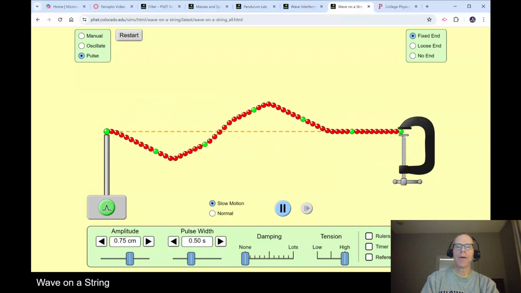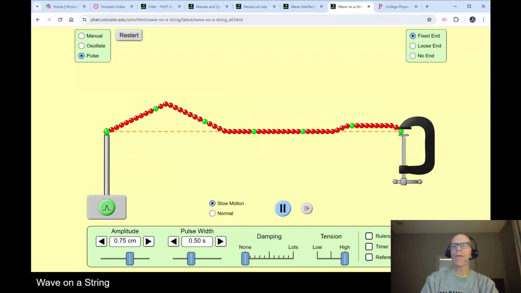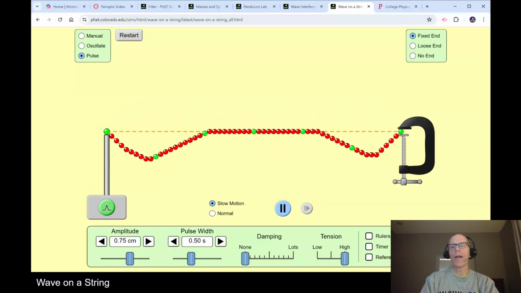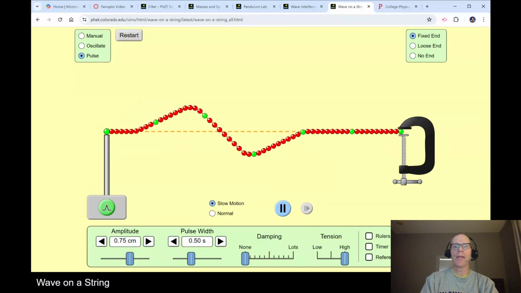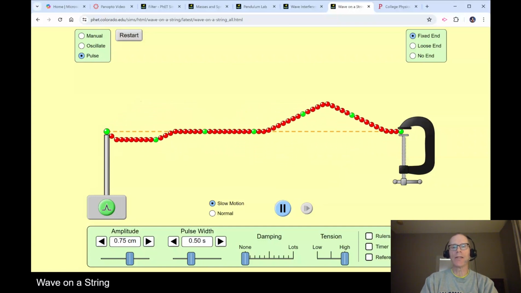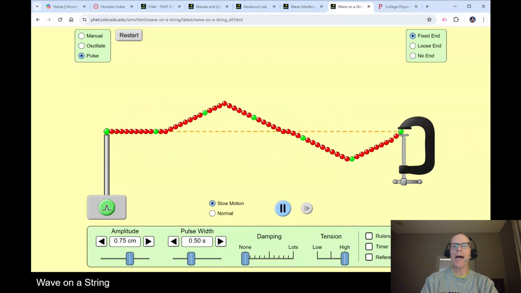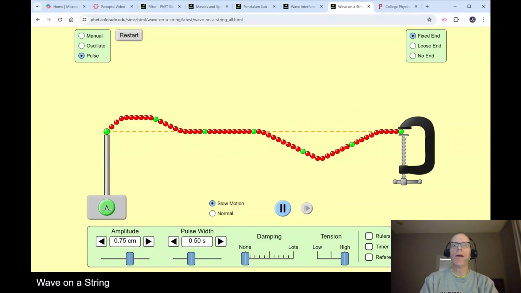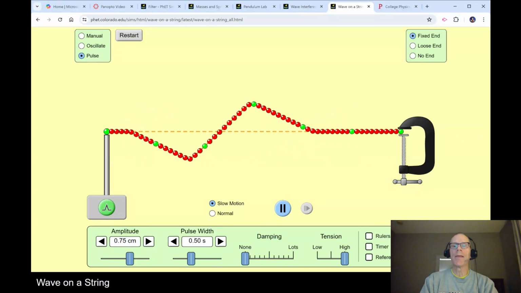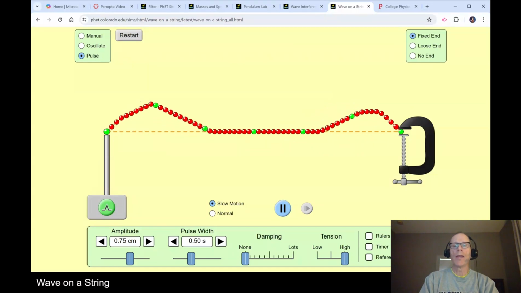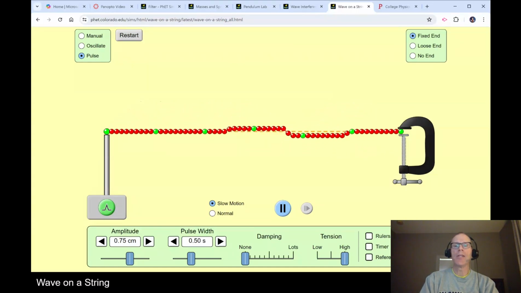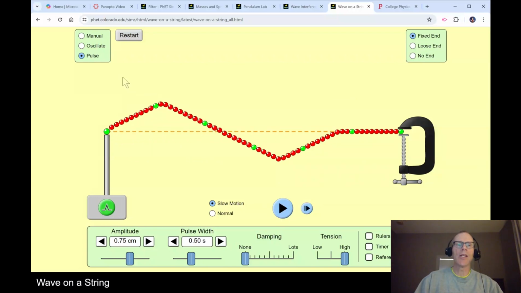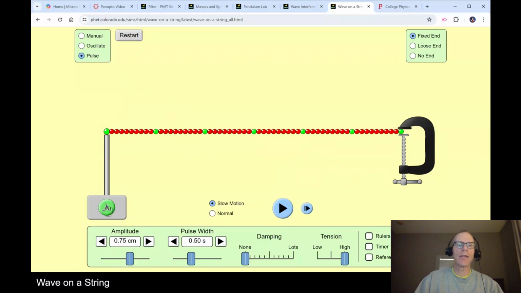So the wave on the top basically just passes through the wave on the bottom, and right when the waves are one on top of the other, the simulated string is flat. So this is similar to what you saw with the water, but basically just a wave at a time. So when the wave at the top meets the wave at the bottom, we get a cancellation, so destructive interference.